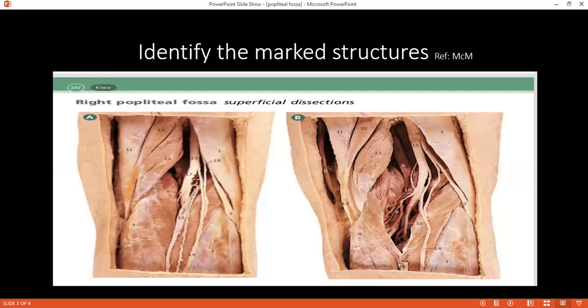What are the structures which contribute to the stability of the knee joint? The menisci, the surrounding ligaments, anterior cruciate and posterior cruciate ligaments, collateral ligaments, the joint capsule, surrounding muscles, and bursae.